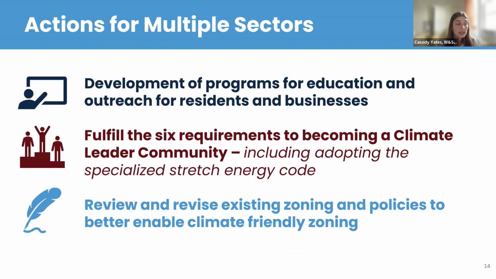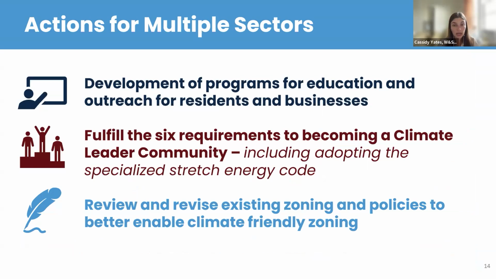So we have around 17 actions that we'll be discussing today. These are the first 3, and then the following slides will also break them up by sector. So I'll just read off the first 3 here. So the first proposed action is the development of programs for education and outreach for residents and businesses.